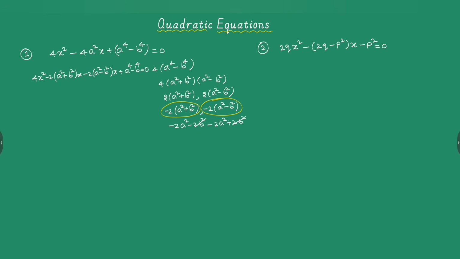Now in the first two terms we have 2 common, also x common. After taking 2x common, we'll be having 2x minus, because 2x into 2x is 4x square. Here we already took 2 common, so a square plus b square will be left.